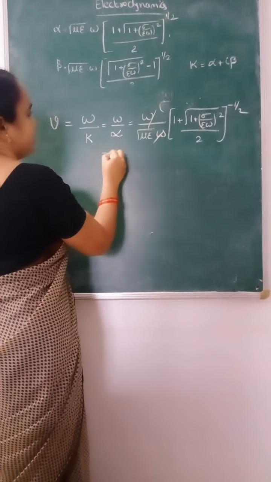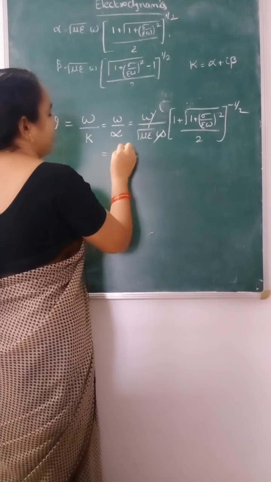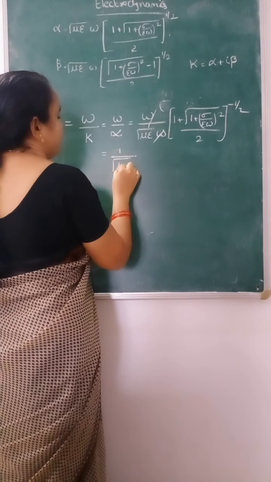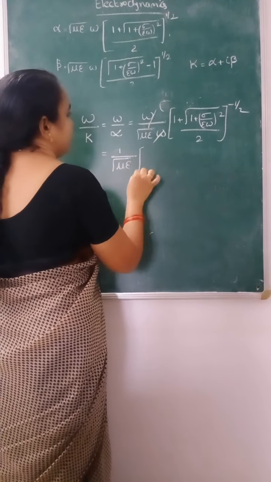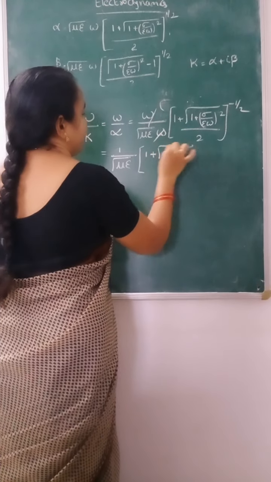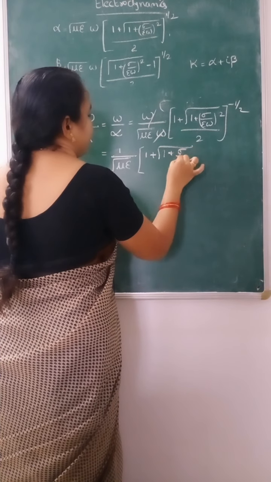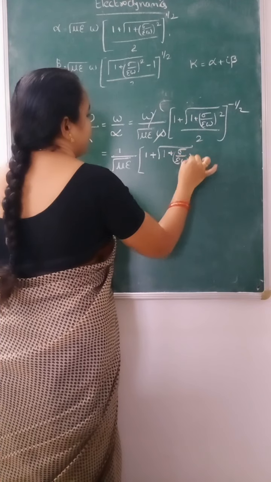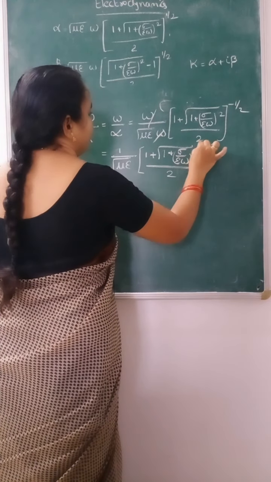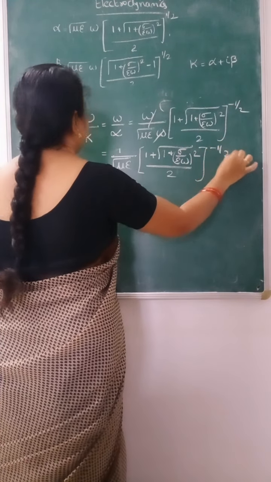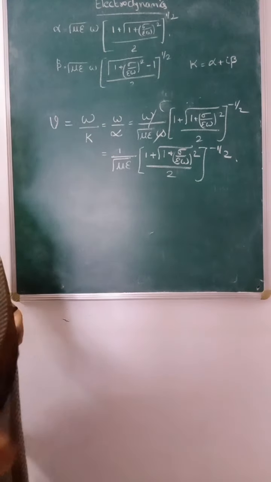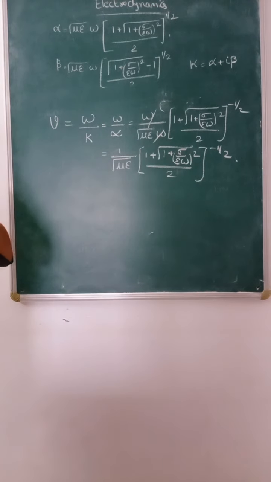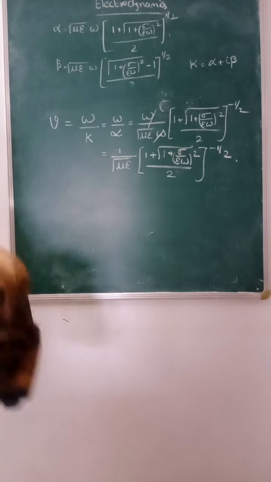Omega gets cancelled, we get 1 by root of mu epsilon, 1 plus root of 1 plus sigma by mu epsilon whole square by 2, whole power minus 1 by 2. This is the velocity of the plane electromagnetic wave in conducting media.